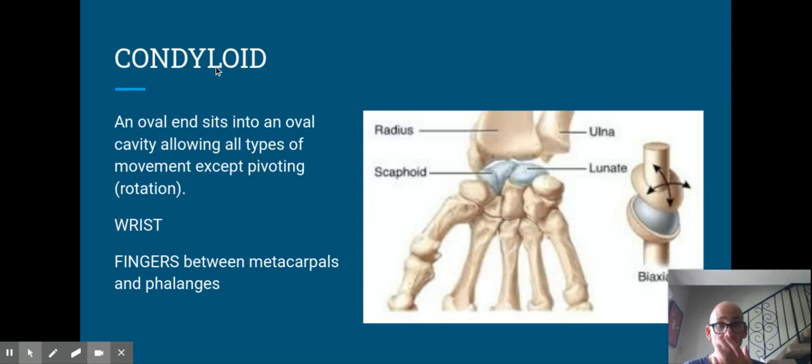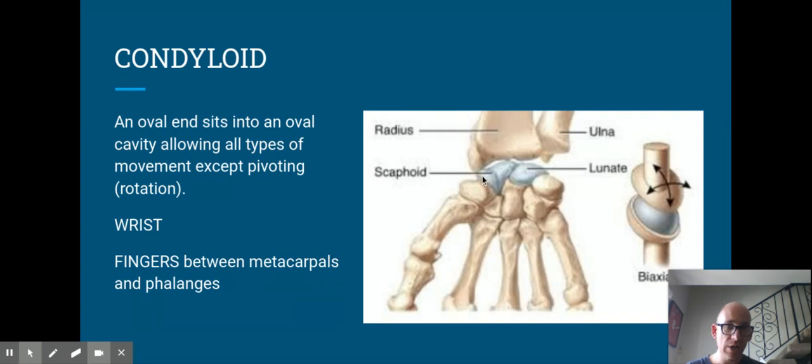Okay, next up is condyloid or ellipsoidal. That ellipsoidal name comes from the shape of one side of the bone. It shares some things with a ball and socket joint, but instead of a rounded ball, it's more ovular or oval. And then it sits into, in the hand, you have the carpal bones here.